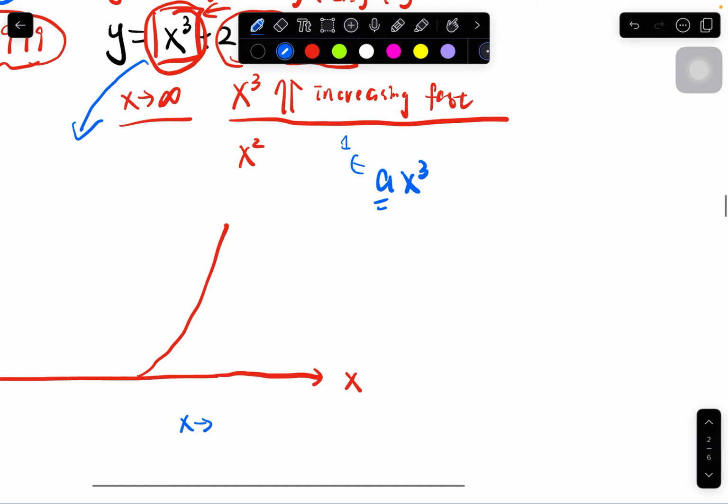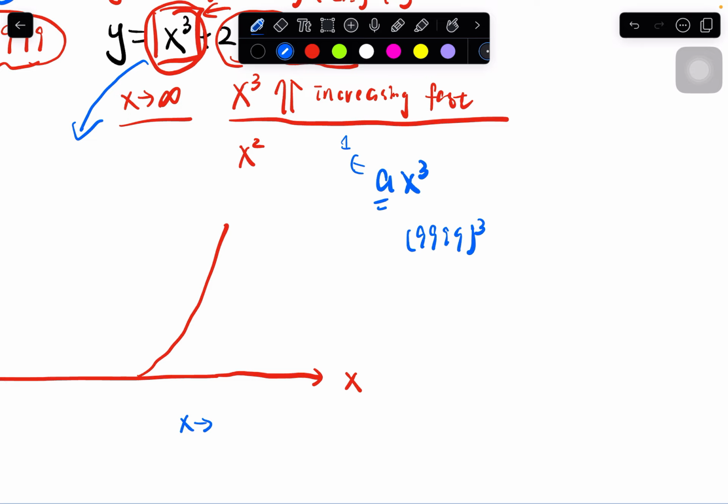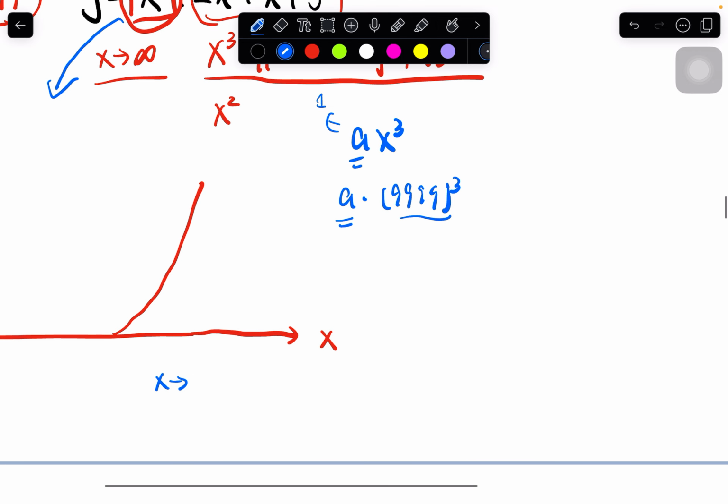And x is a positive number. You can think of it as like 9,999, and a is a positive number, and you times a very, very big number, then you also get a very positive number, right? So this is positive, and this is very, very big.